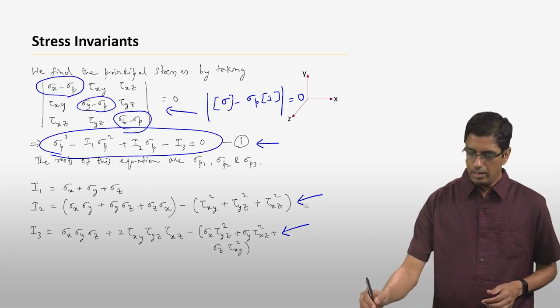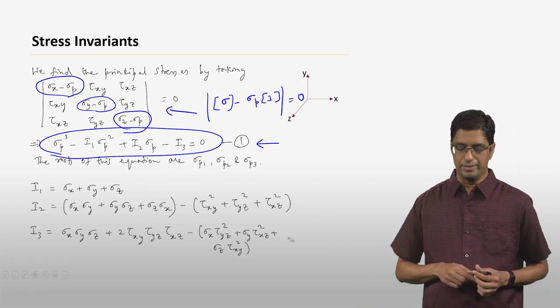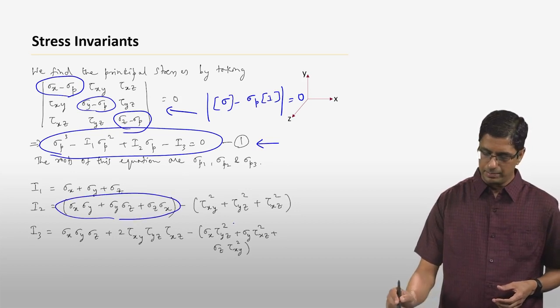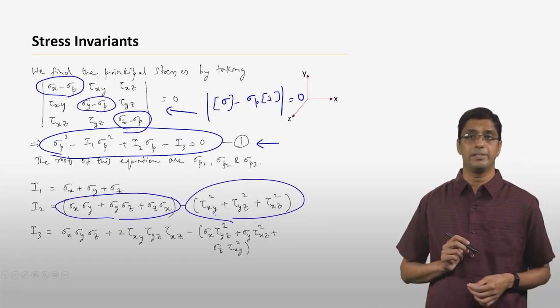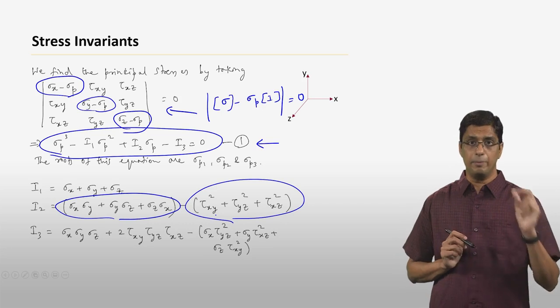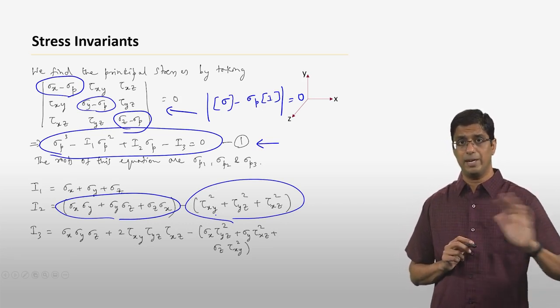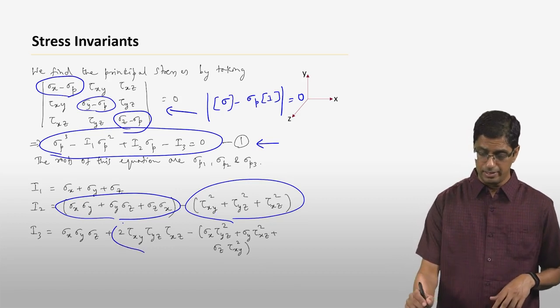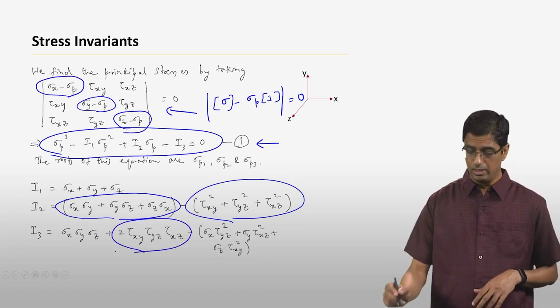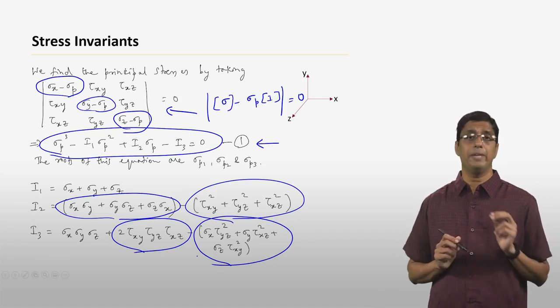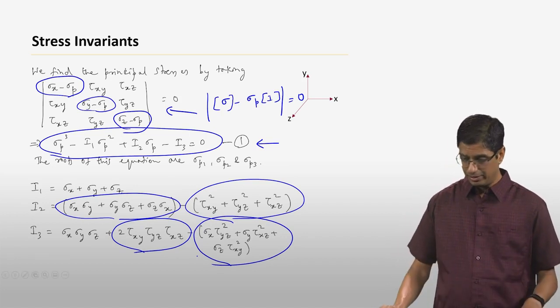If you look at these equations here, the first term has normal stresses, but the second term has only shear stresses. So if you're operating in the principal coordinate system, the shear stresses will vanish. And here, if you look at the third invariant, both these terms will vanish. So your I1, I2, and I3 become much, much simpler.